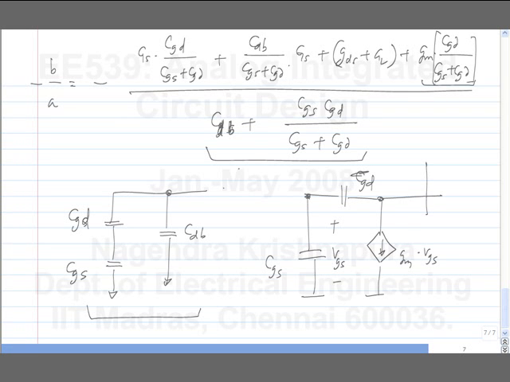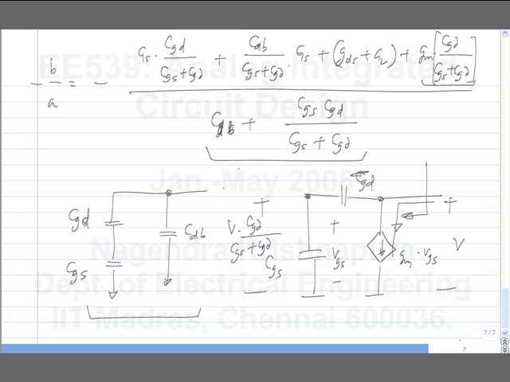If I apply a test voltage V, what is the voltage I get here? V times CGD by CGS plus CGD. Okay. And that voltage times GM is drawn out. That is the conductive part. Is this okay? There is a capacitive divider around the GM in feedback, and the division ratio is CGD by CGS plus CGD. So that appears in the numerator.